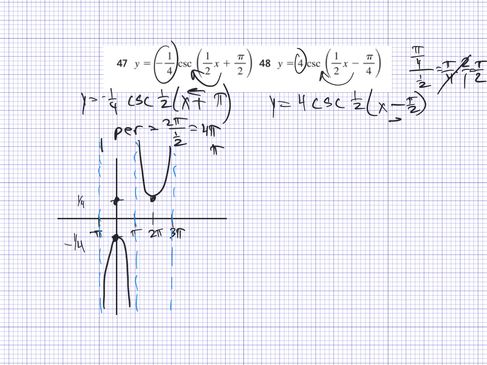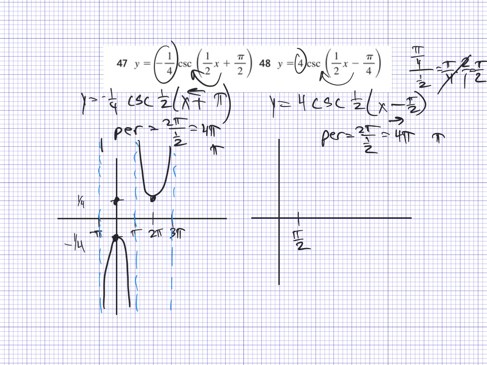So we're shifting to the right by pi over 2. Okay, so we'll just call that pi over 2, and our period is 2 pi over 1/2, which is going to be 4 pi, and each increment is pi.